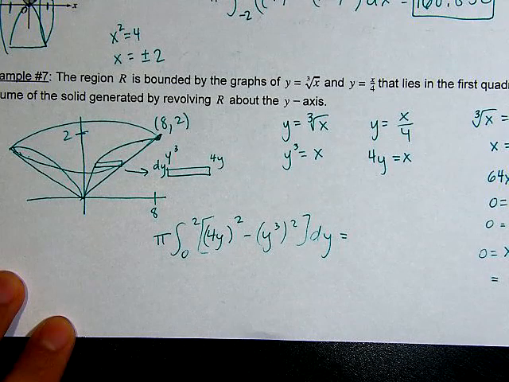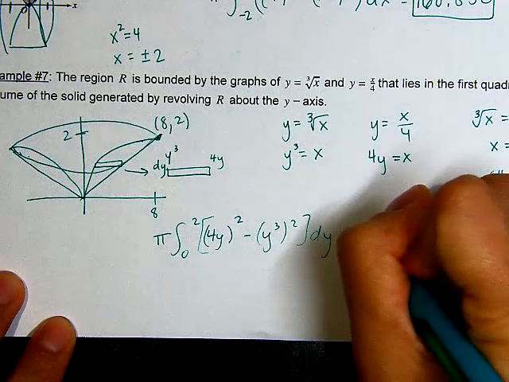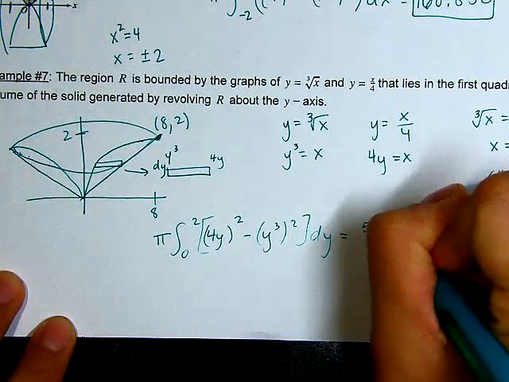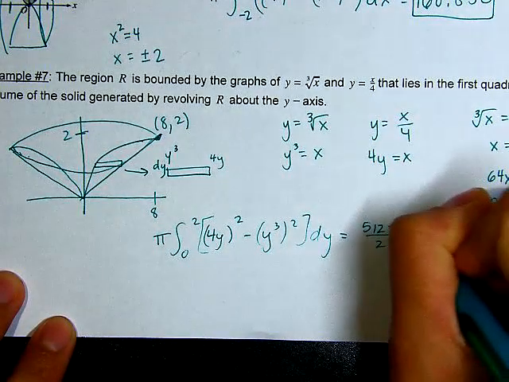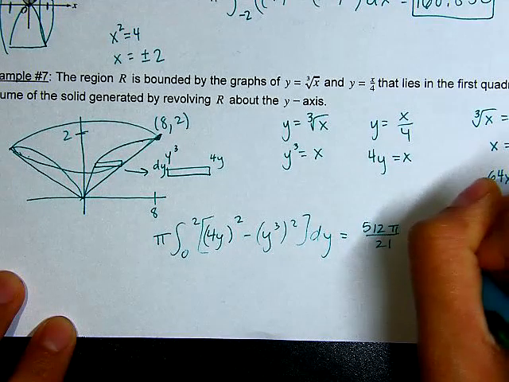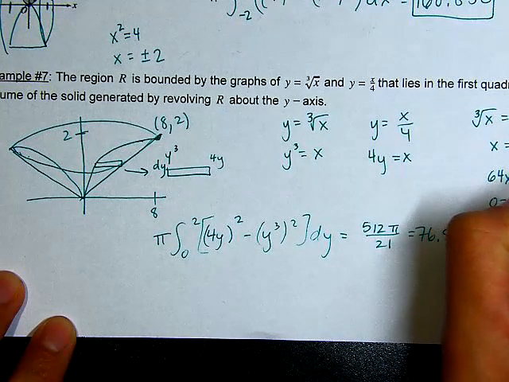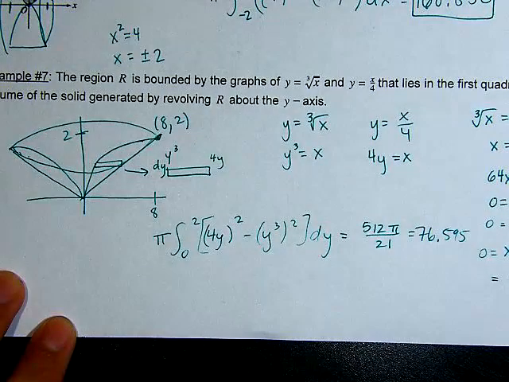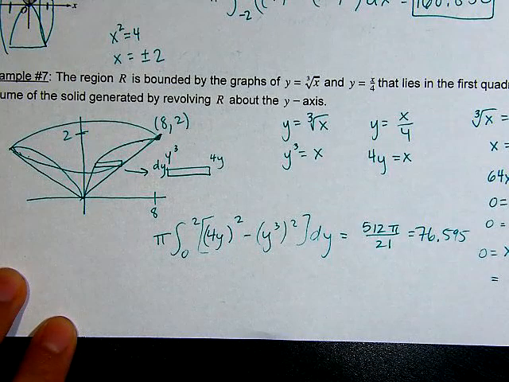If you want to practice finding your antiderivatives, you can go ahead and do that. When you do that, you will get 512 pi over 21, or in other words, you can get 76.595. Now, of course, if this were a free response question, you can simply input the values and you don't have to simplify any further.